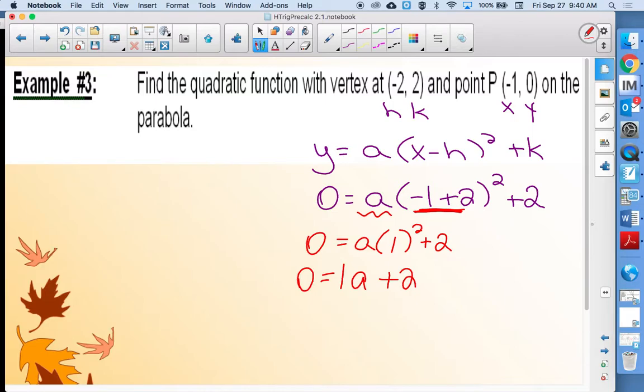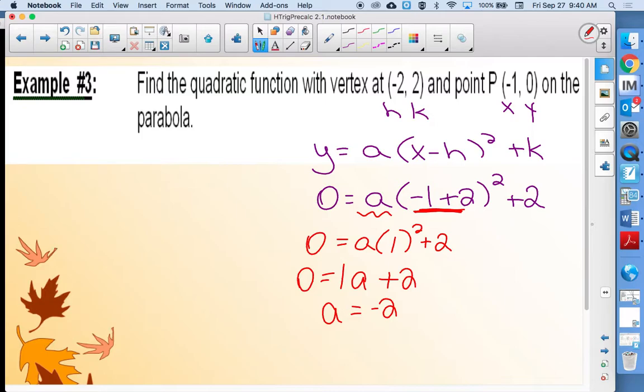The 1 is attached with a, it's being multiplied with a. The 2 is separate. So if I solve for a, Josh, a is -2. Buddy? There we go. So a is -2.